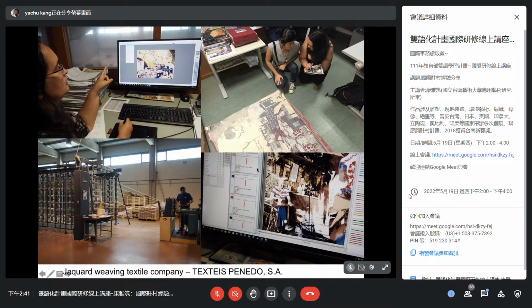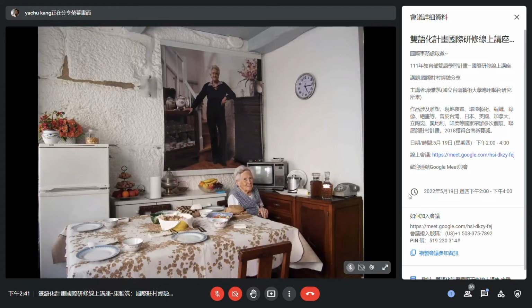You can't weave that image by hand. So I have to discuss with the designer, and after she received my image, she need to place the pattern and the color.